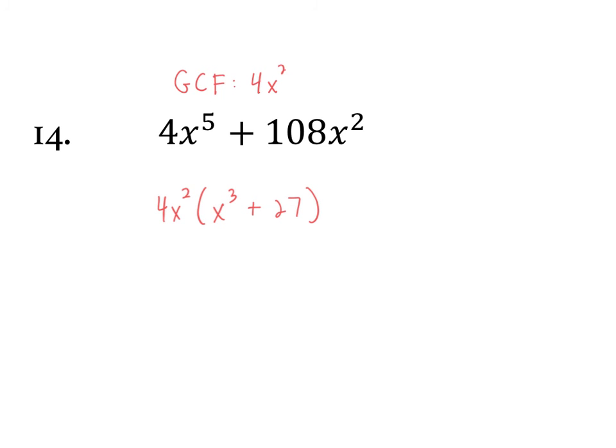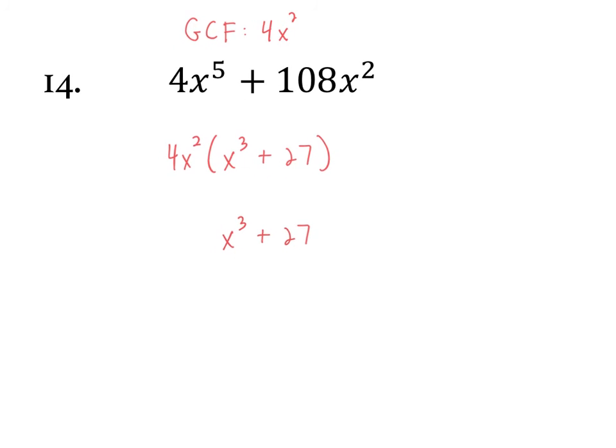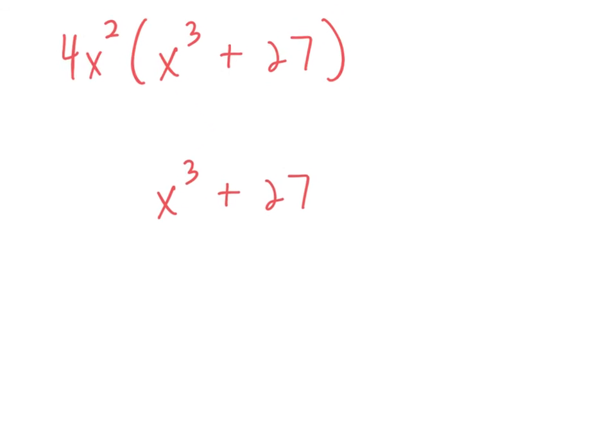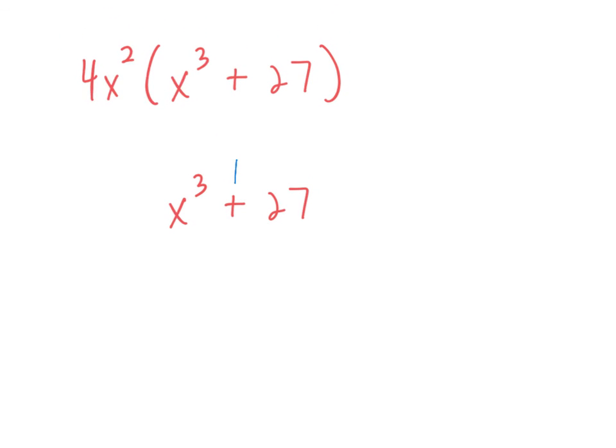All right, now when we're trying to figure out how to factor, we just look at this thing inside the parentheses and focus on that. Similar to the last one, this is now a sum of 2 cubes. And x cubed is just x cubed, and 27 is 3 cubed.